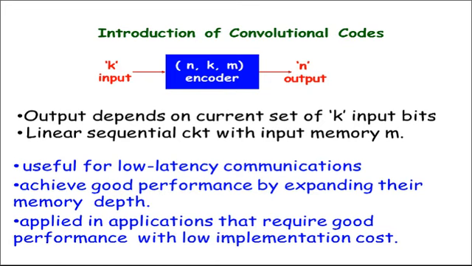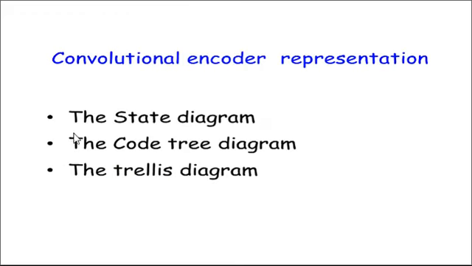Now let's look at how we can represent the encoder, which are the different representation techniques. The first technique is the state diagram, the second is the code tree diagram, and the third, which is quite important as far as the exam is considered, is the trellis diagram.